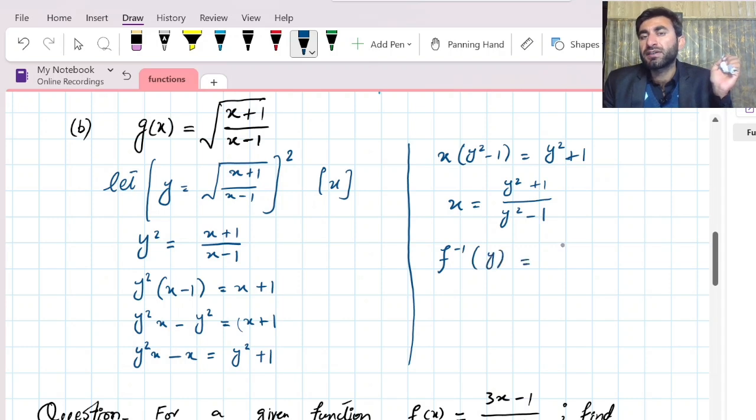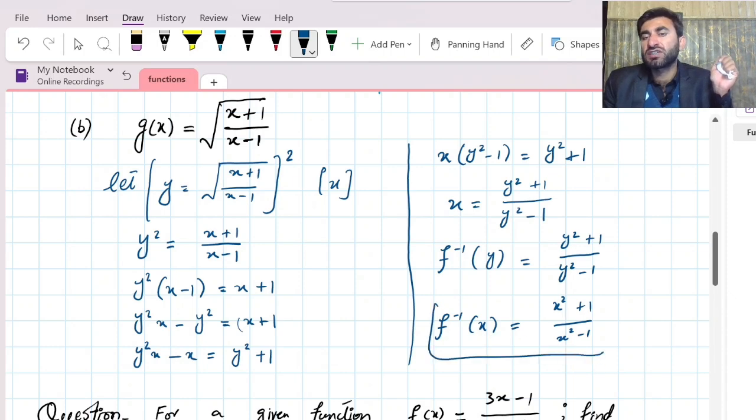It equals y square plus 1 divided by y square minus 1. In next step we can replace y with x in order to get f inverse of x, and it will become x square plus 1 divided by x square minus 1, and that is the inverse of the function given in the form of g.